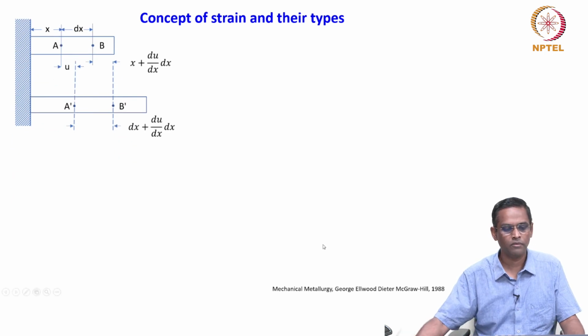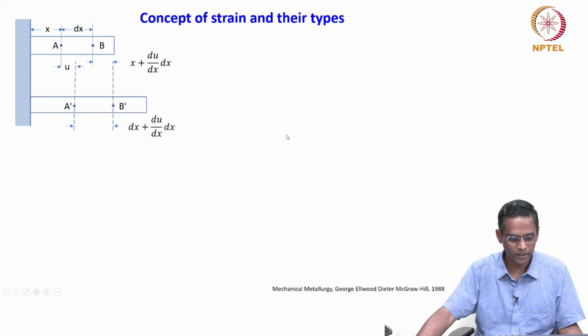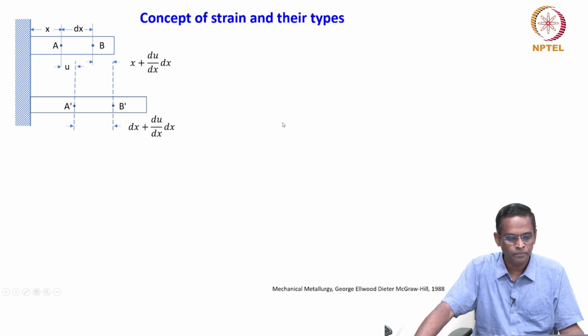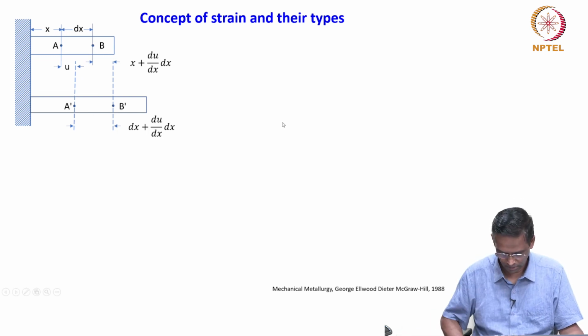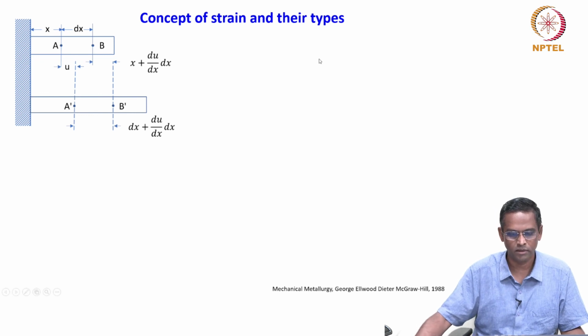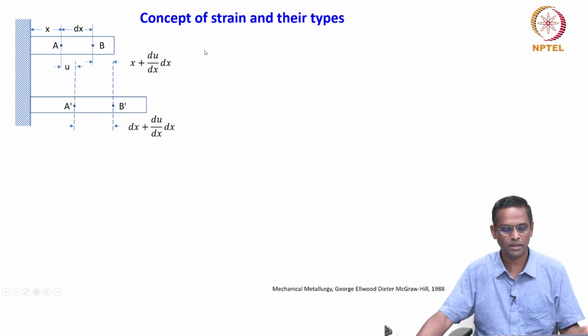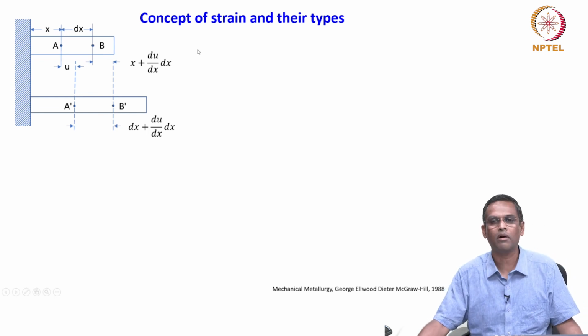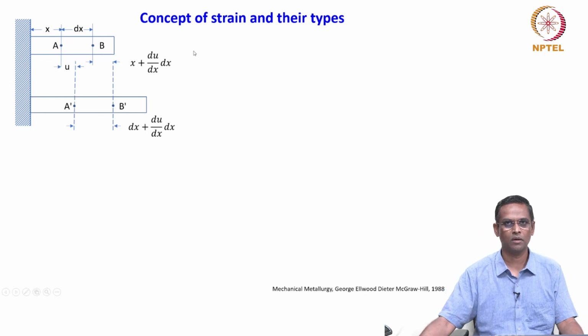So now we will focus our attention on the details, how we mathematically look at this strain and mathematically describe it in terms of small equations, like what we have done for stress at a point, right.